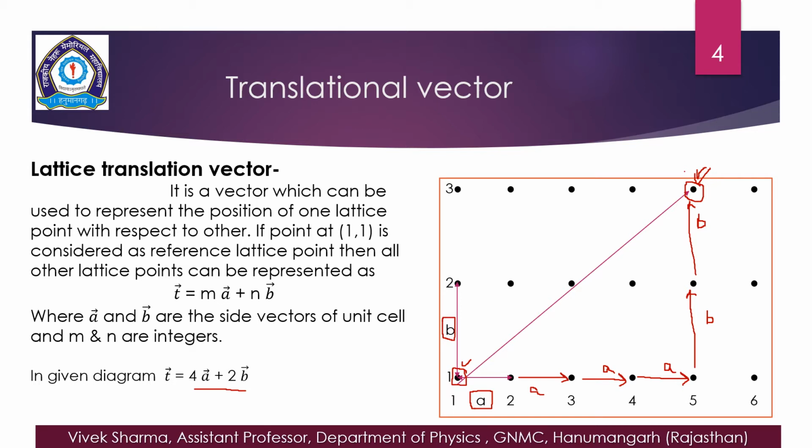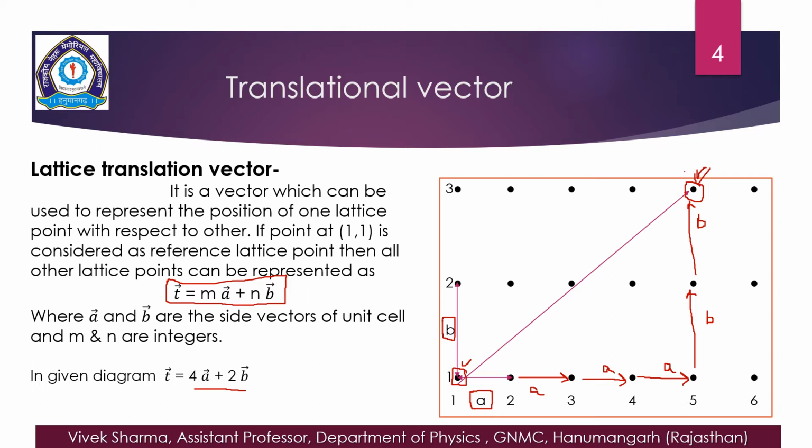It is nothing but simply the position vector of one particular lattice point with respect to some other reference lattice point. Due to the symmetry, it can be represented in a more generalized way like vector T is ma plus nb, where a and b are the side vectors of the unit cell, or we may say the inter-lattice point separation along two different directions, and m and n are integers.